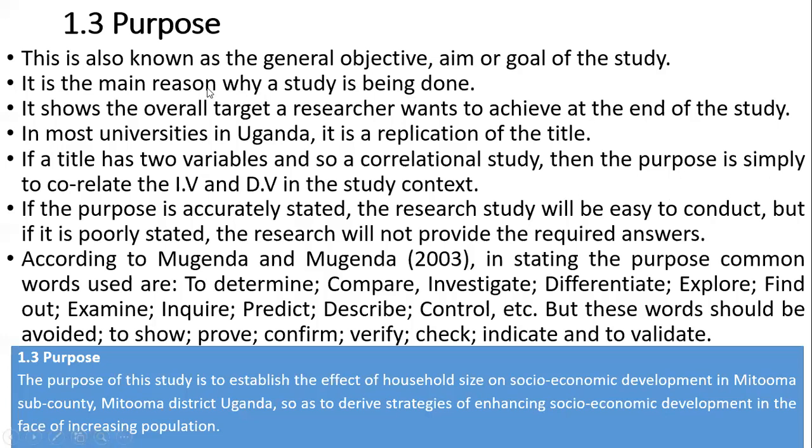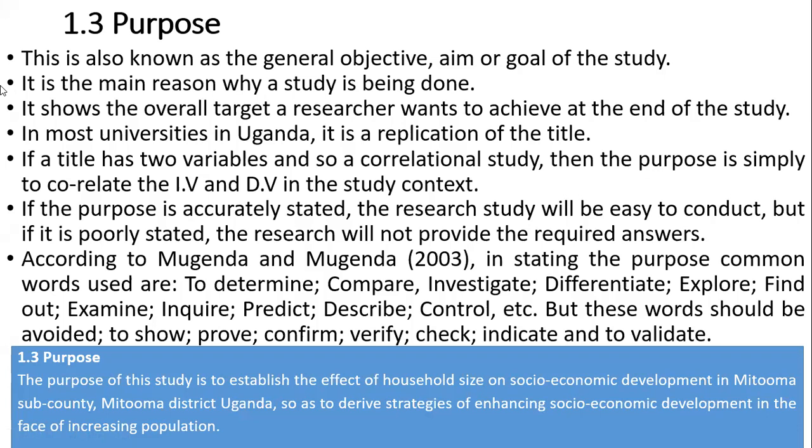So we are now looking at the purpose of a study. You should also note that once your background and your problem statement are finished, your study is moving to clear phases where you know where you want to go.